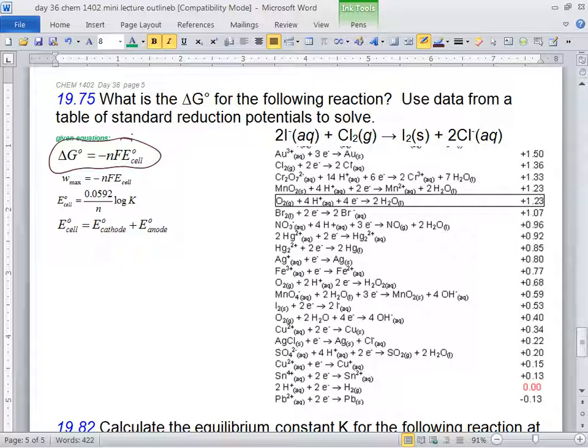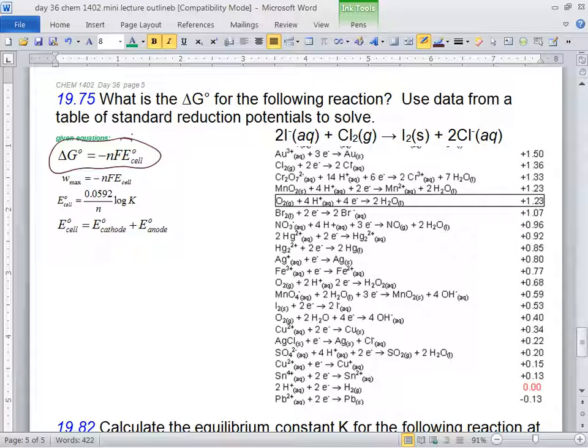So how are you going to get E0 cell? Let's pick on Mia. How are you going to get E0 cell in that equation? Because Megan's right. You don't have any choice. That's the equation you got to use. What's your game plan to get E0 cell? Get the half reactions.